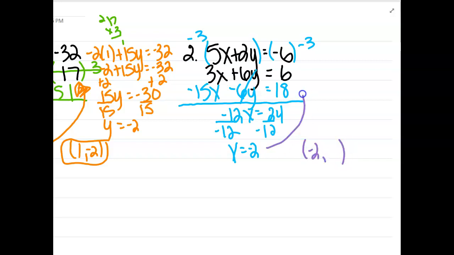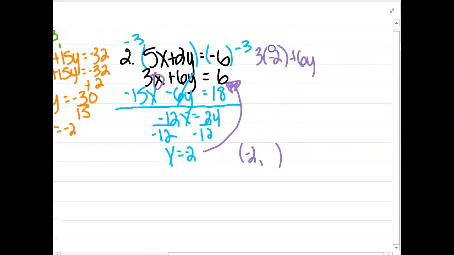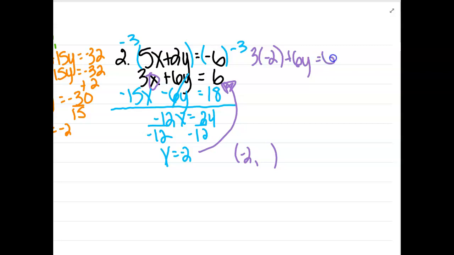So we're going to take this, plug it into any one of those equations, plug it into this second one right here. Make sure we plug it in for x. So we have 3, instead of x, we're going to plug in negative 2, plus 6y equals 6. 3 times negative 2 is negative 6, plus 6y equals 6.